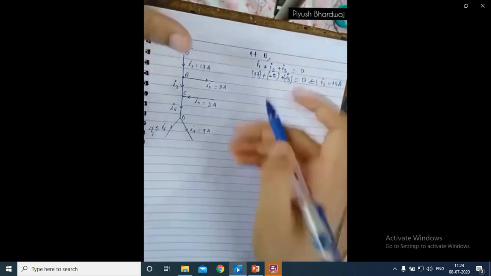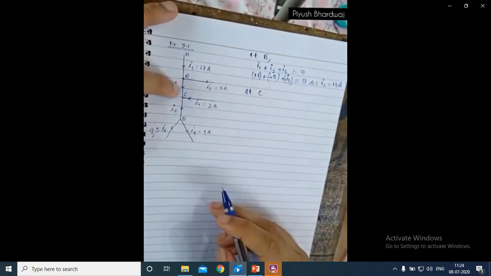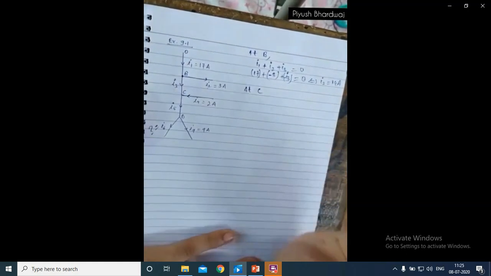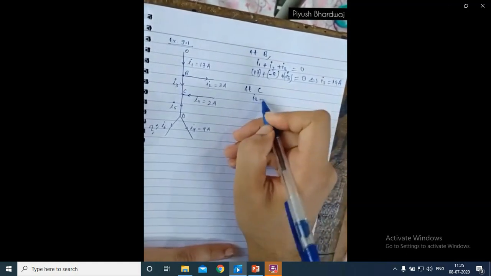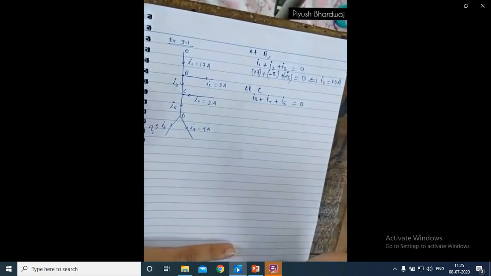Now you move to junction C. At C we know I3, I4, and we will calculate I5. So at C how many currents are there? I3 plus I4 plus I5 should be equal to 0.